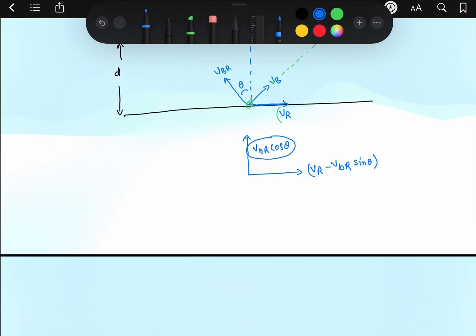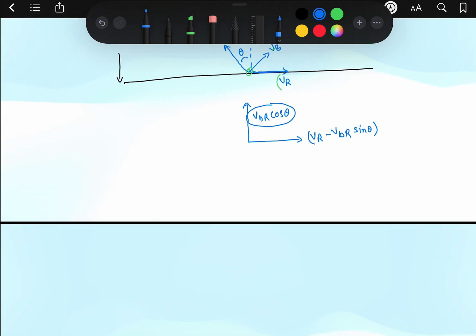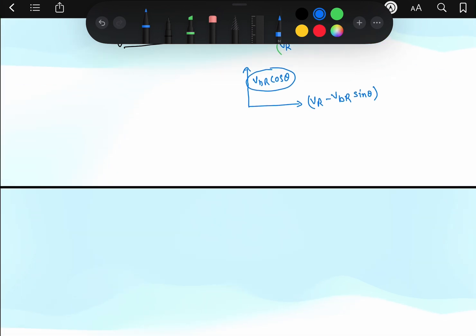So we can write here the component of velocity which is responsible for crossing the river.